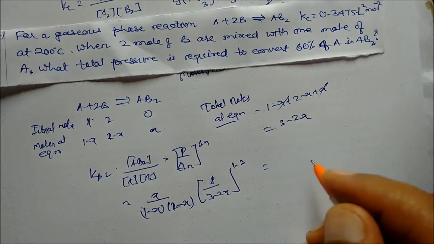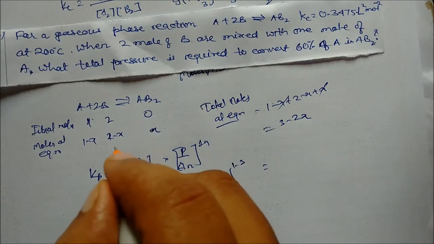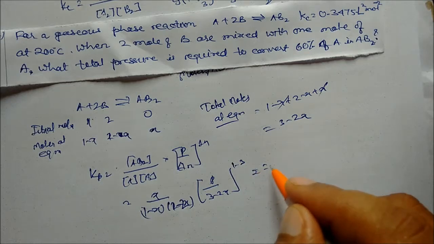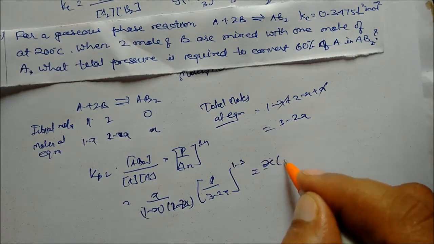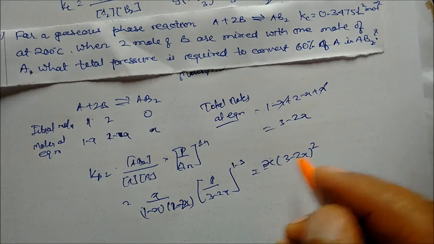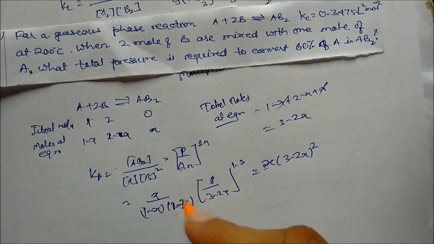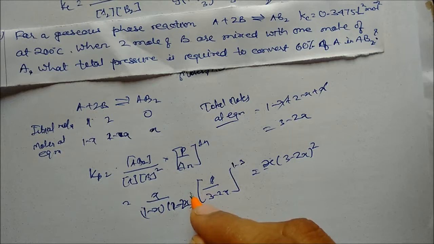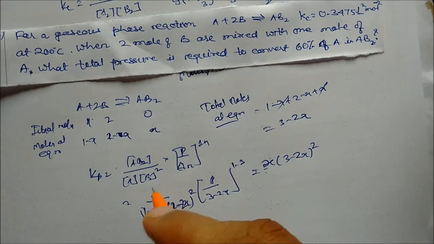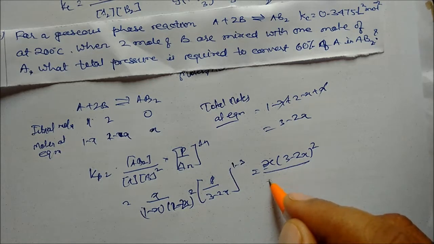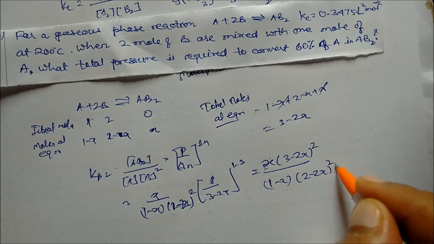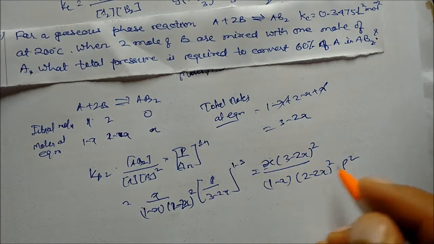On solving we will get x into (3 minus 2x) whole square divided by (1 minus x) into (2 minus 2x) whole square into P square. So this is one equation.